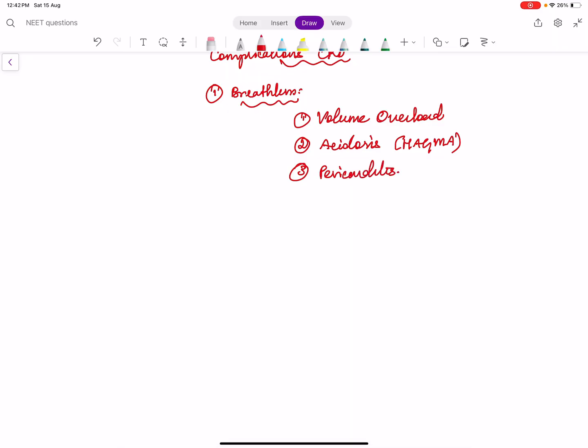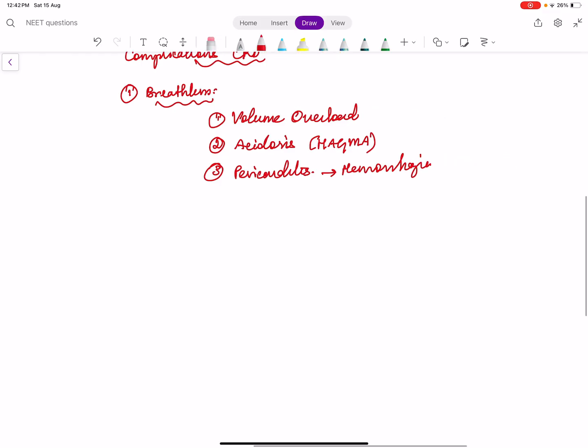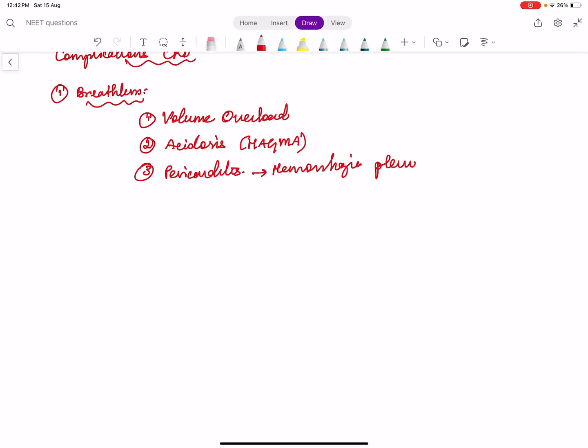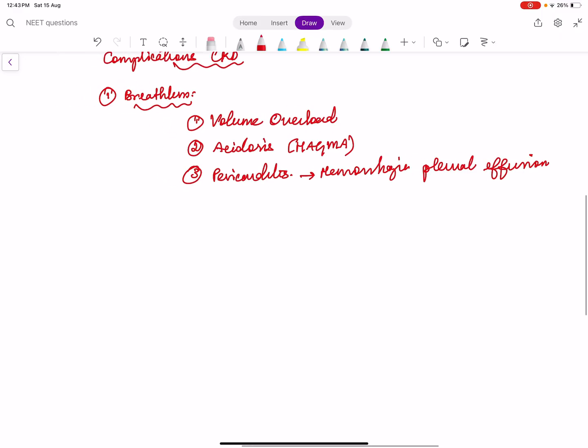This pericarditis also causes chest pain, and if pericarditis is very severe, it causes hemorrhagic pleural effusion, very typical for uremic pericarditis. Even though tamponade is less likely, it is a reason for breathing difficulty.